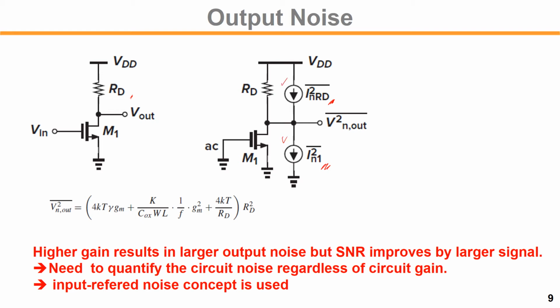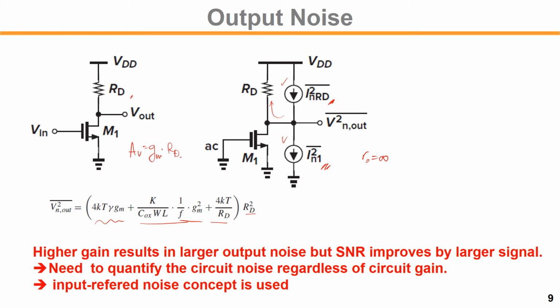Assuming RO is infinity, all the noise will flow through RD. So the overall output noise voltage would be 4kTγgm plus flicker noise, and 4kT over RD, times RD squared. In this case, we know the circuit gain AV is gm times RD, right?